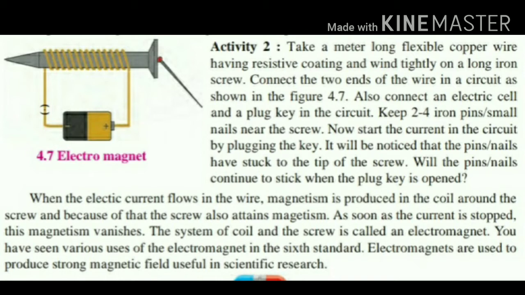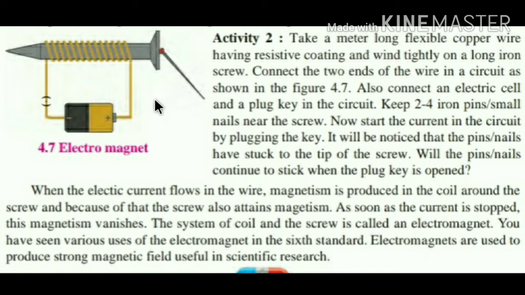A current-carrying conductor means a wire, and when current flows through this wire it also acts as a magnet, and a magnetic field is produced around this wire. This technique is used to make an electromagnet, which is explained in activity number 2.